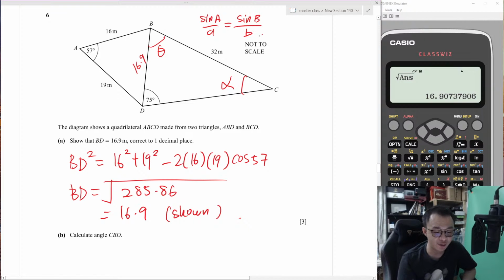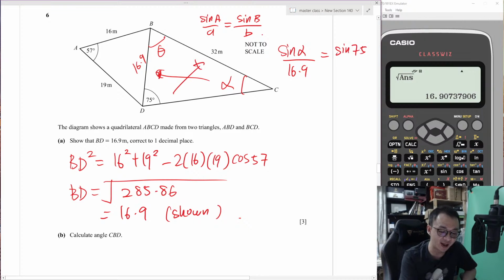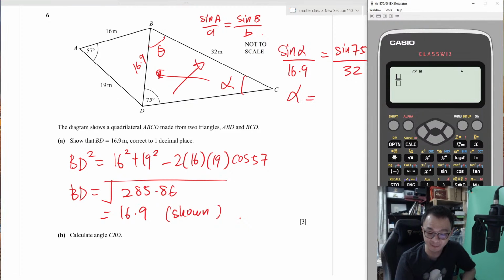Alright, I will use the sine rule to find the alpha first. So sine alpha over 16.9 over the opposite length, okay? And then equals to sine 75 over the opposite length, 32. Then get my alpha really fast. Sine 75 close the bracket over 32, and then multiply 16.9.